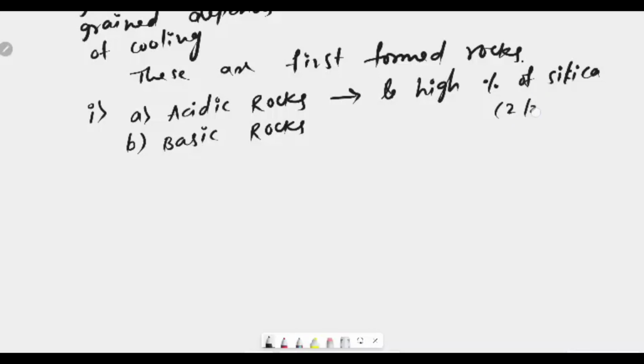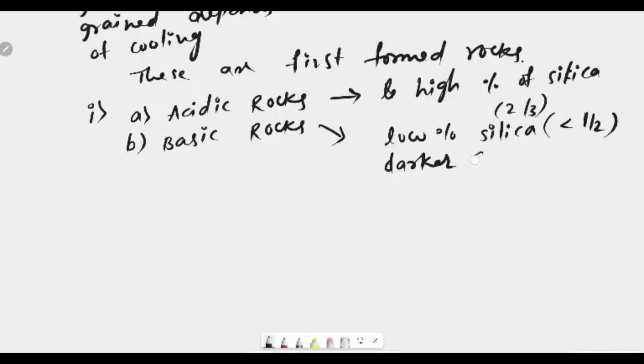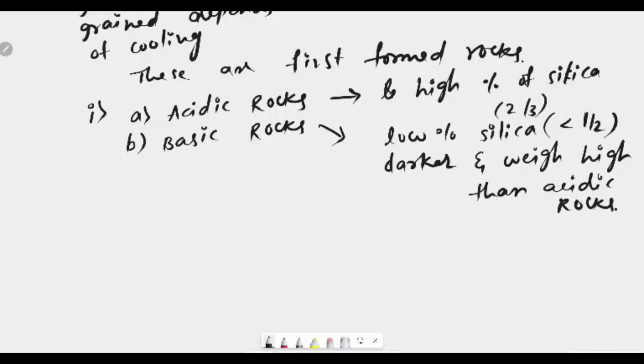Basic rocks contain a low percentage of silica, less than 1 by 2, and are comparatively darker in color and heavier in weight than acidic rocks. Acidic rocks are lighter in color and weight than basic rocks.